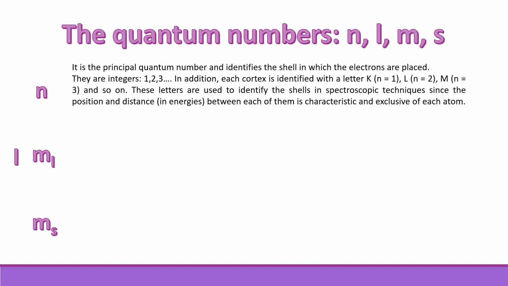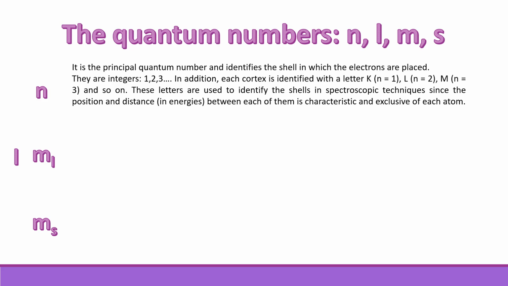As said, it identifies the shell in which the electrons are placed. They are integers, and in addition, each shell is identified with a letter: K for n=1, L for n=2, M for n=3, and so on. And these letters are used to identify the shells in different spectroscopic techniques.